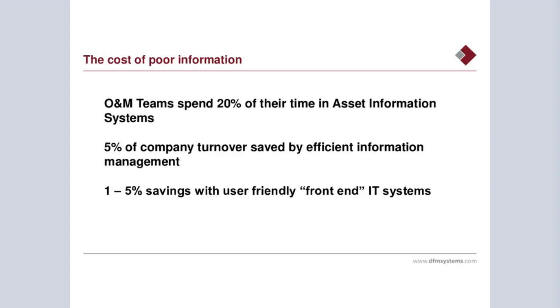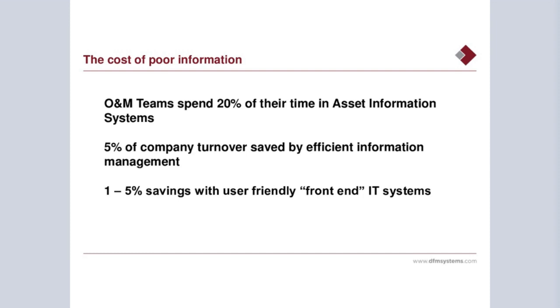Some of the cost of poor information is down to the fact that operating and maintenance teams, it's been found, can spend up to 20% of their time in the asset information system looking for information rather than out in the field fixing problems and maintaining the plant and equipment.